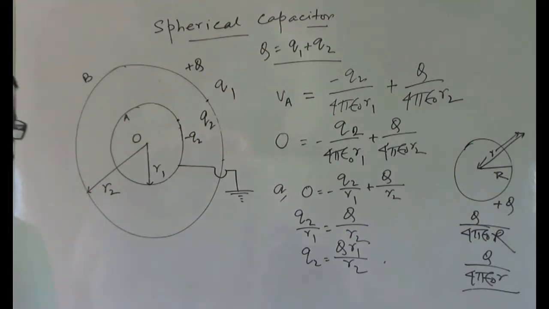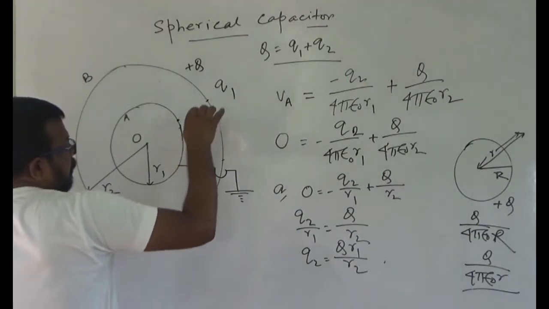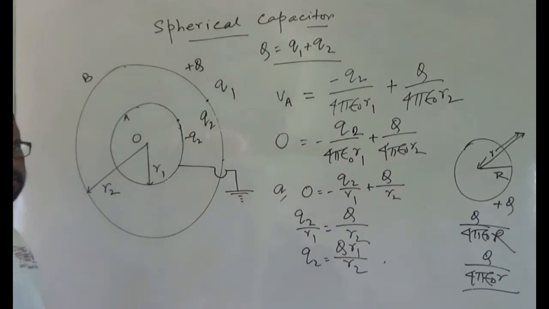Now you have to find the potential at the surface of the outer sphere, that is Vb.